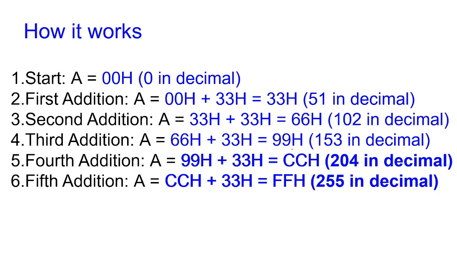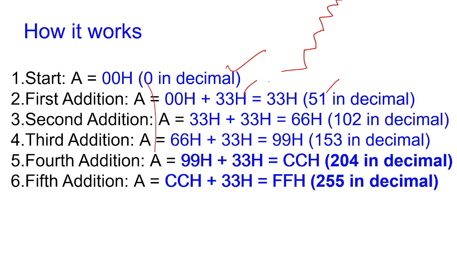You can see here, first the accumulator will be loaded with the value 00h, that is 0 in decimal. Then during the first addition I need to add the value 33h in hexa, 51 in decimal. Then you have the first, second, third, fourth, and fifth.